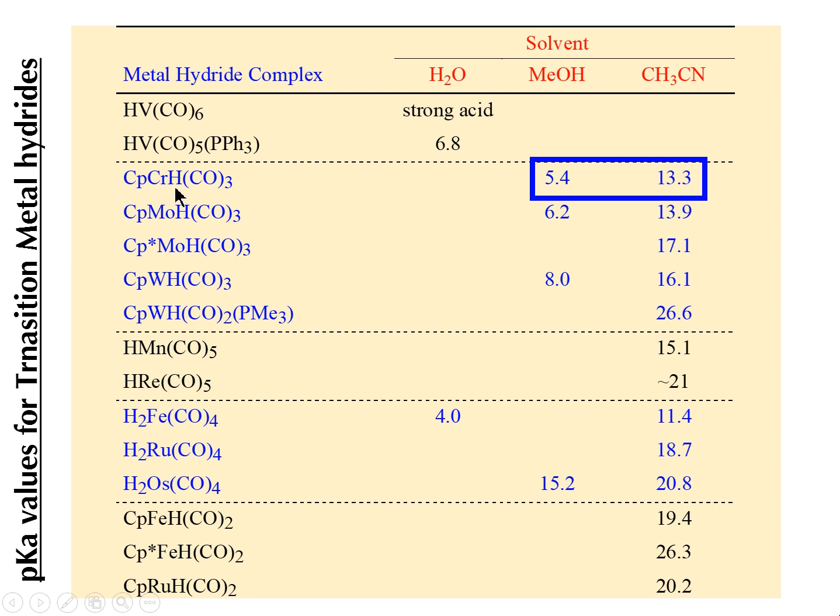For example, CpCr(CO)3H has pKa 5.4 in methanol and 13.3 in acetonitrile. So in methanol, this metal hydride complex behaves as acidic. And this is also known in the chemistry of the solution.